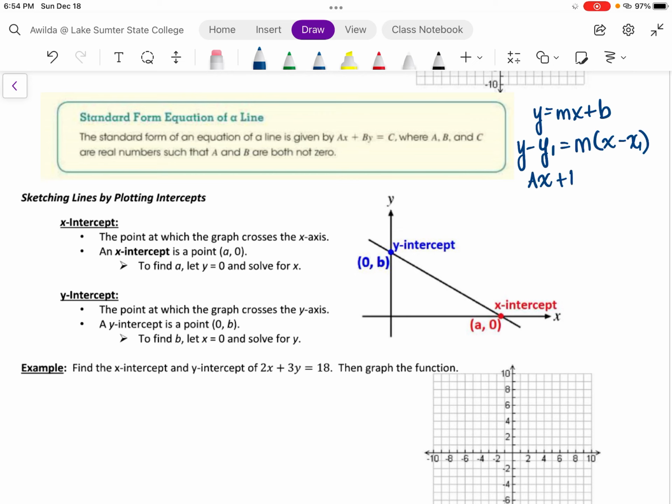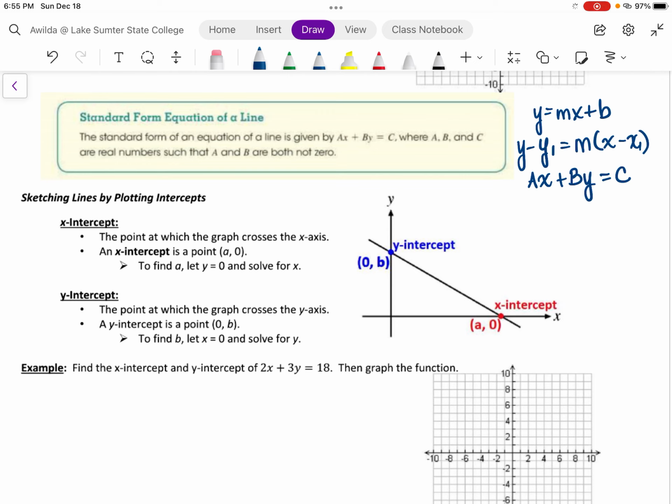Standard form has the x and the y terms together on one side and a constant term alone on the other. I want to make a note here that all of these different forms represent the same line as long as we include information that is particular to that line. So any given line can be written in any of these three forms.